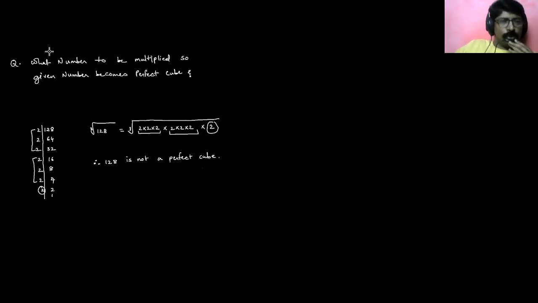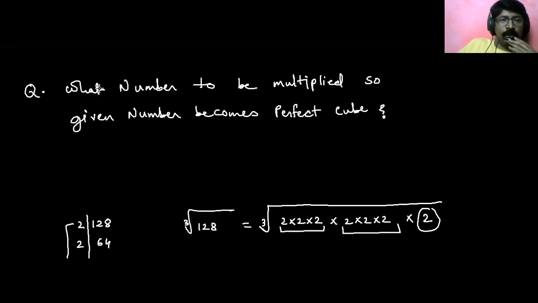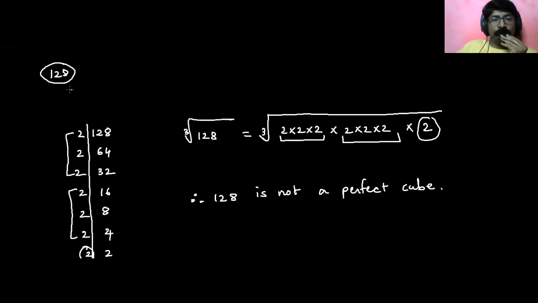Okay, so see students, let's read the question so you'll understand. What number is to be multiplied so that the given number becomes a perfect cube? Let's say the given number is 128. So we saw in the above example, is 128 a perfect cube or not? Then we found the cube root of 128 by this prime factorization method, isn't it?